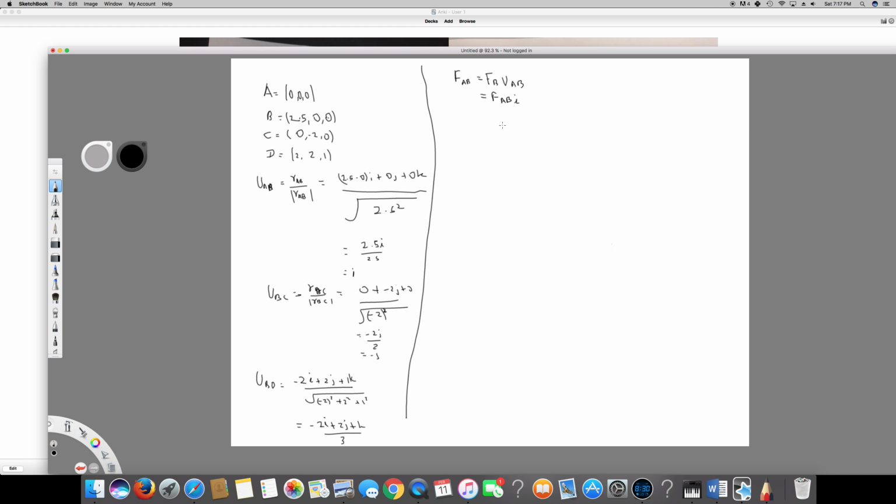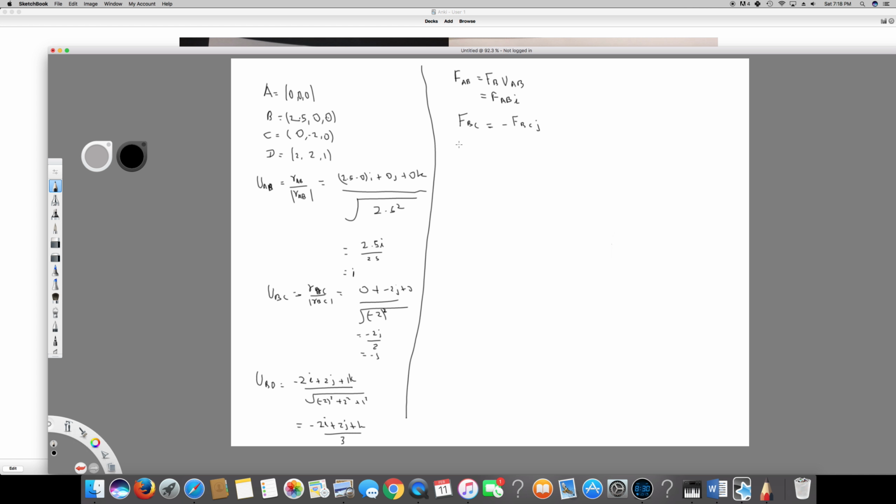Same for FBC. FBC is going to be negative FBCJ, because J is negative.